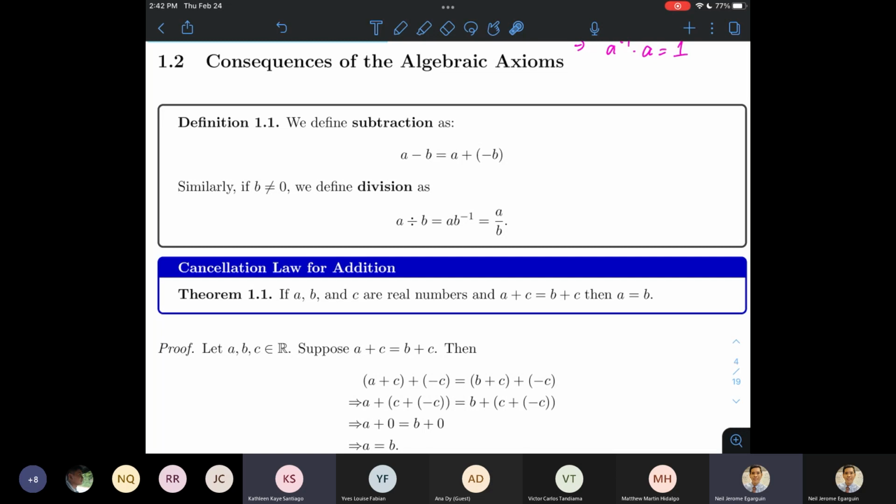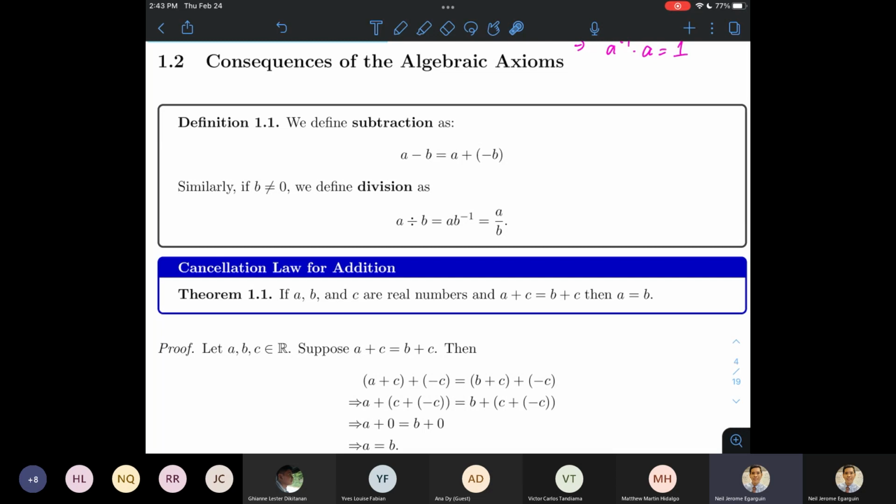Assuming that we know multiplication, then we can perform division by simply treating A divided by B, or A over B, as simply a multiplication of A by the multiplicative inverse of B. And that's why the assumption that B is not equal to 0 is important. Because if B is equal to 0, division doesn't make sense, because division requires multiplication by the multiplicative inverse of the divisor. Okay? So as we go along, it's always just two operations.